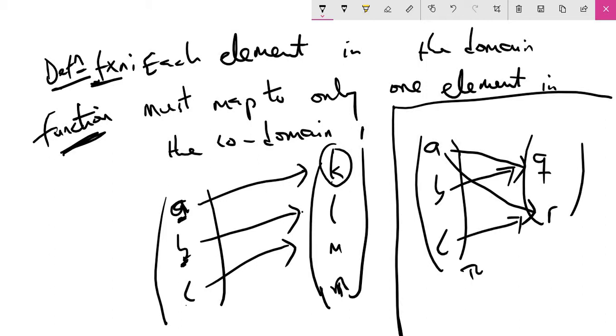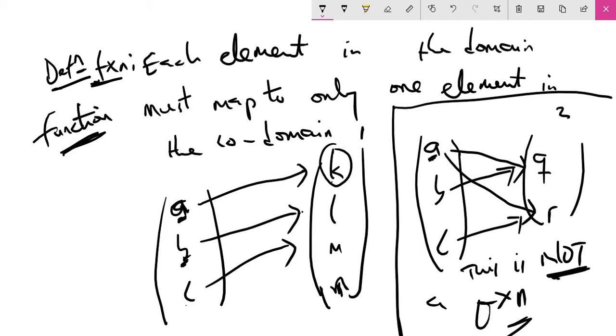Now this is not a function. Why? Because one of the members of the domain gives two items in the codomain, both Q and R. Alright, this is unacceptable in the world of functions, if you like. So this is basically what you need to remember.